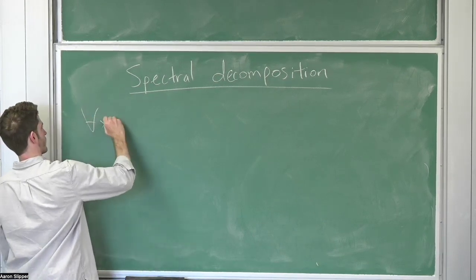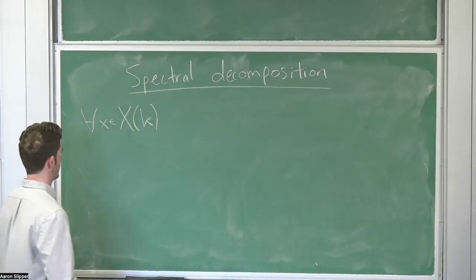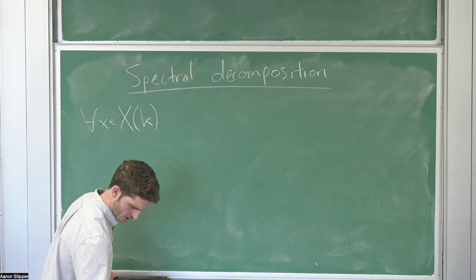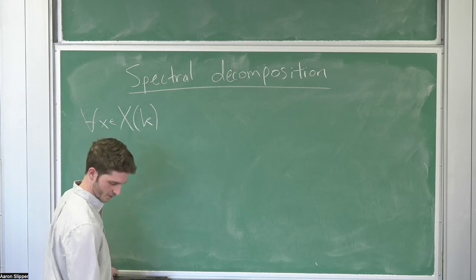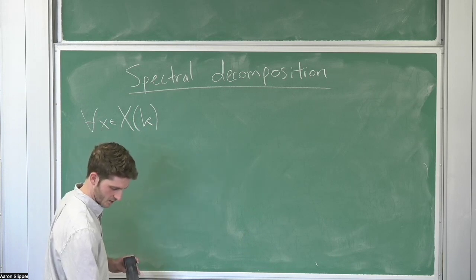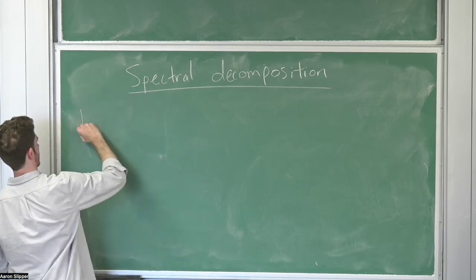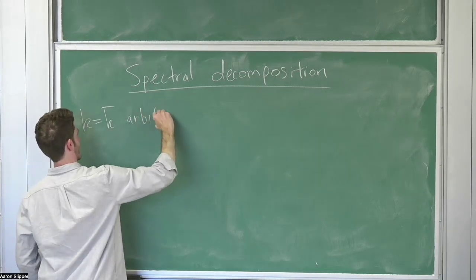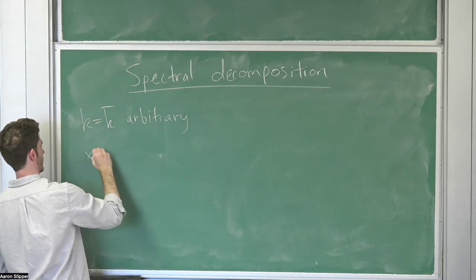First of all, just as a little reminder, if I take any k-point of X, here I can actually be back in the setting of k-bar arbitrary. Just for a moment, and we'll come back to the finite field case.